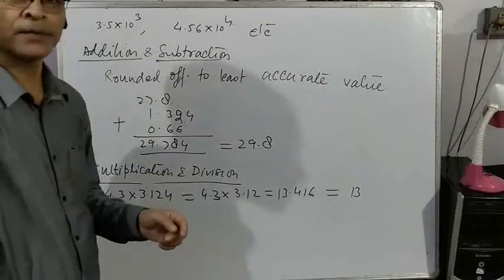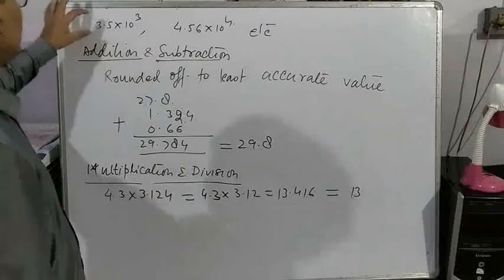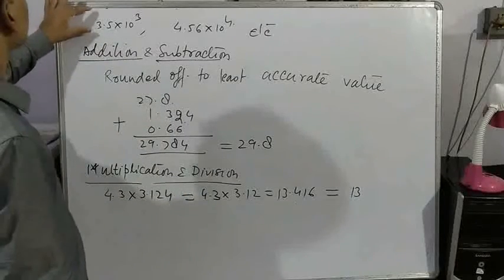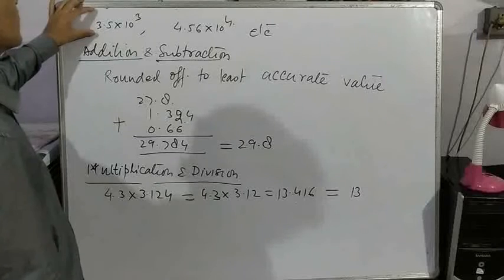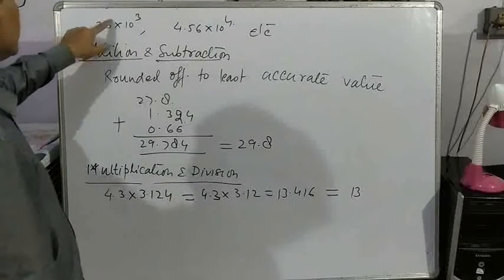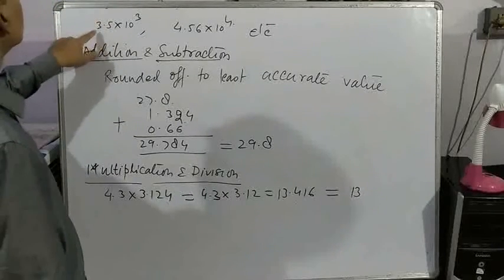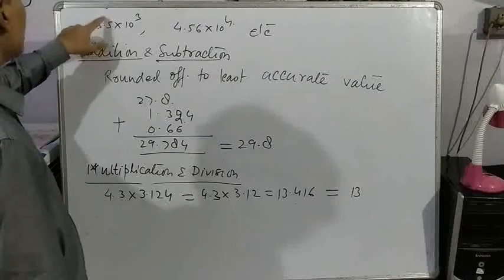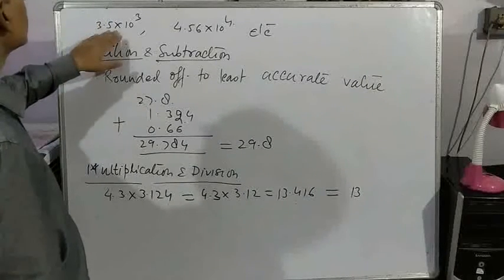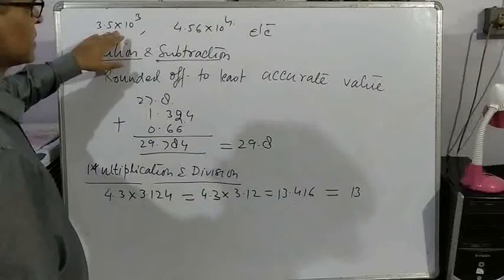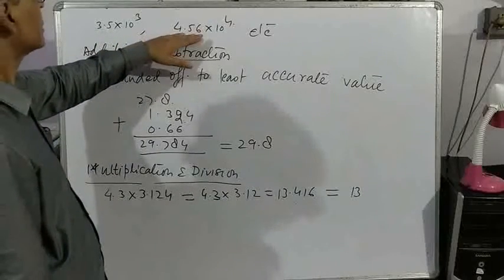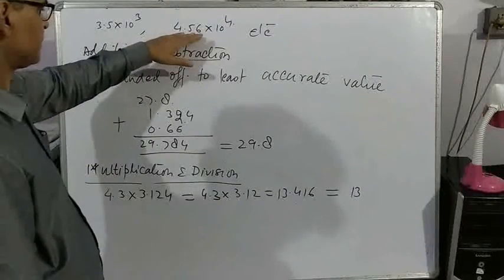Listen to me once more. When a value is represented in scientific notation, significant figures are found on the basis of this value. So this value has 2 significant figures and this value has 3 significant figures.